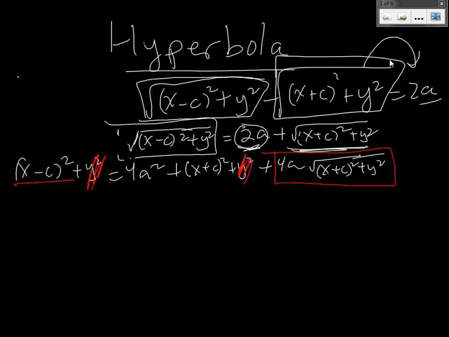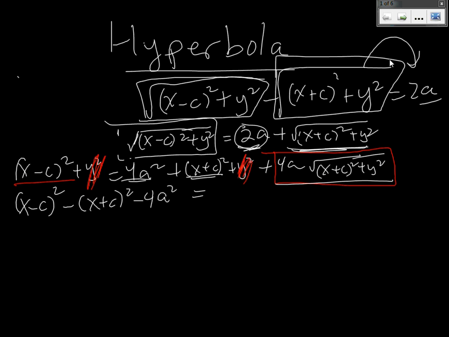So I keep this where it is, (x minus c) squared. I bring this over as minus (x plus c) squared. I bring this over as minus 4a squared. And I leave this all by itself, ready to be squared.